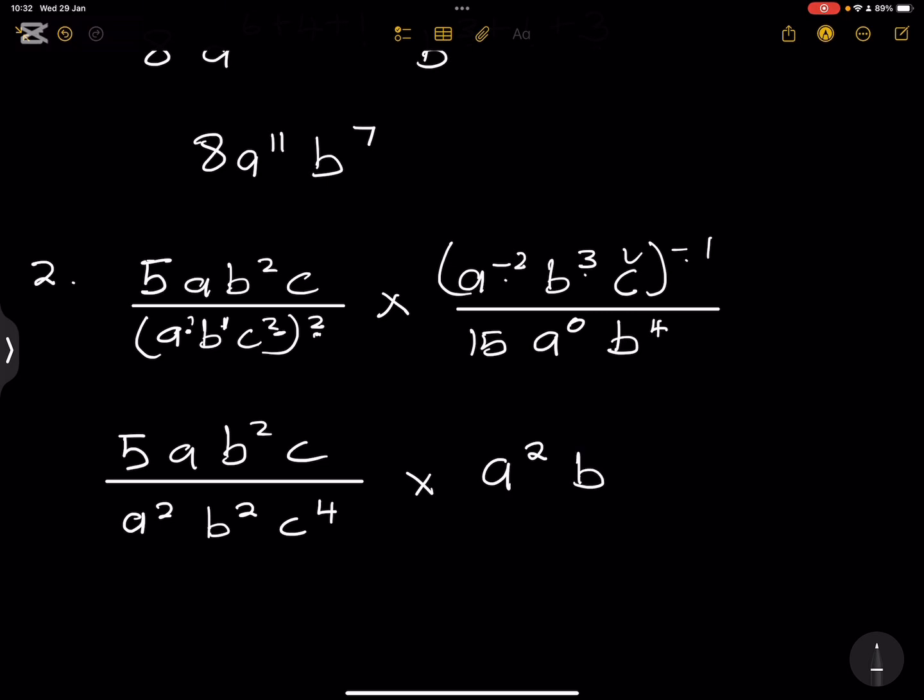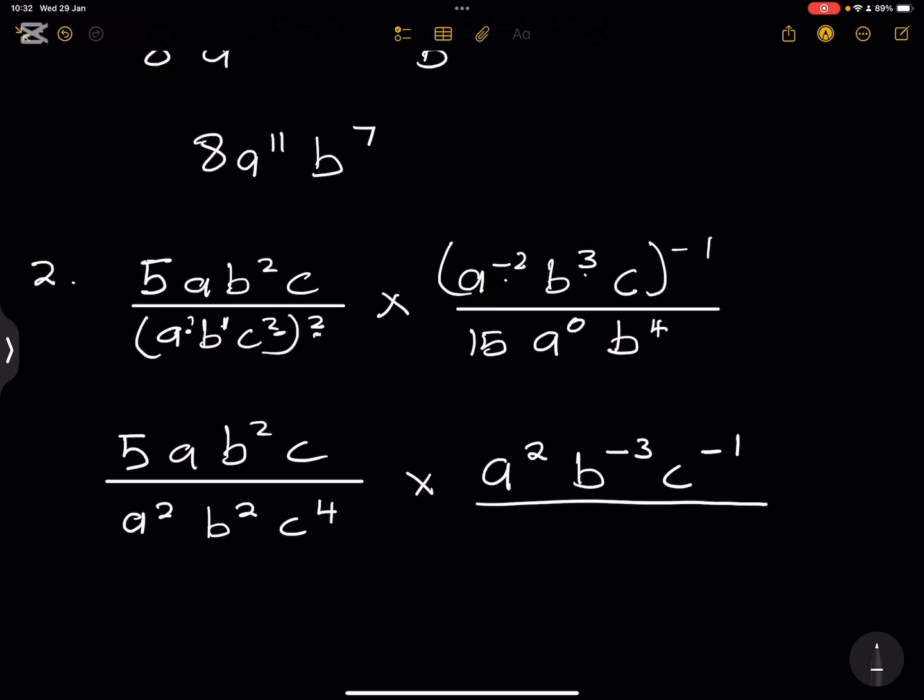Negative 3 multiplied by negative 1 gives me negative 3. And in this case I've got c, which is c to the power 1 times negative 1, so that gives me negative 1.